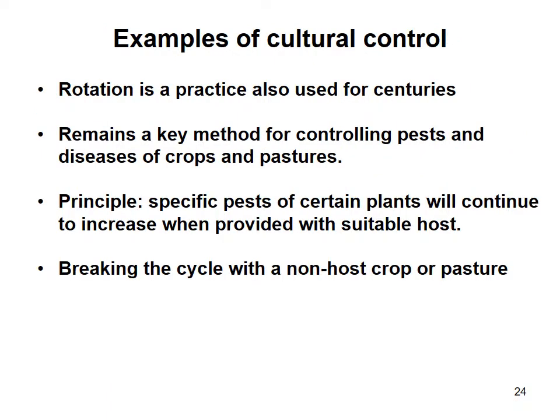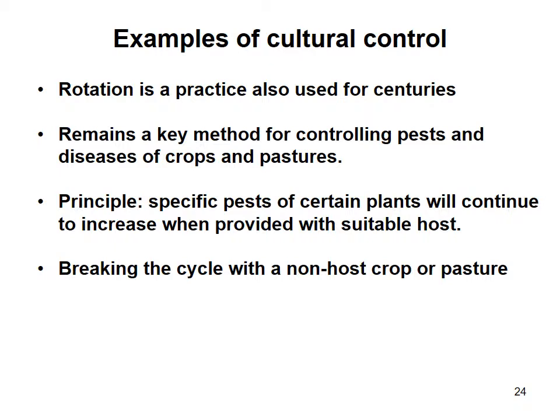Crop rotation is also a practice that's been used for centuries. It remains a key method for controlling pests and diseases of crops and pastures. The principle behind this is that specific pests of certain plants will continue to increase when provided with a suitable host.